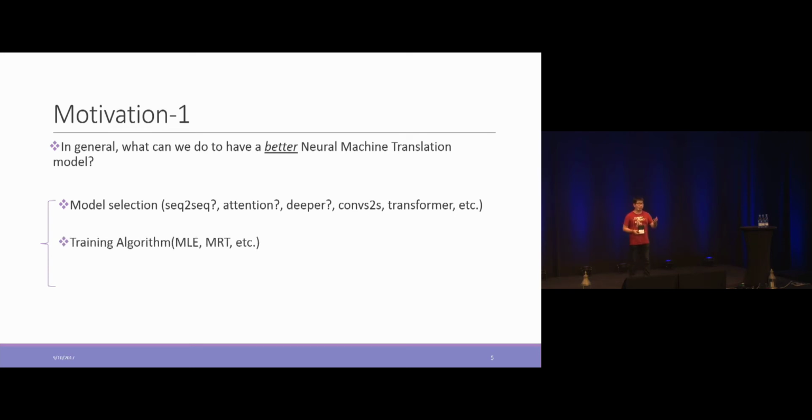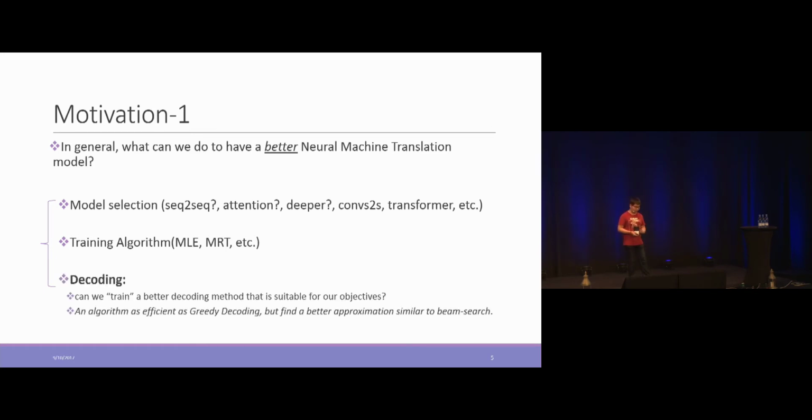So given a model, how can we train it more effectively? For example, we mentioned MLE, which is maybe not the best one. We can also use minimum risk training or reinforcement learning to train a model. However, not many papers talk about the third way, which is the decoding itself.